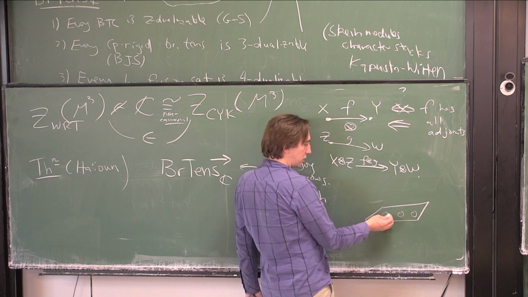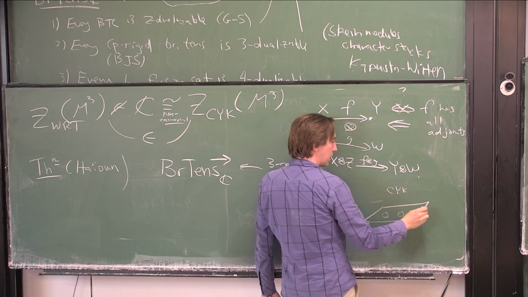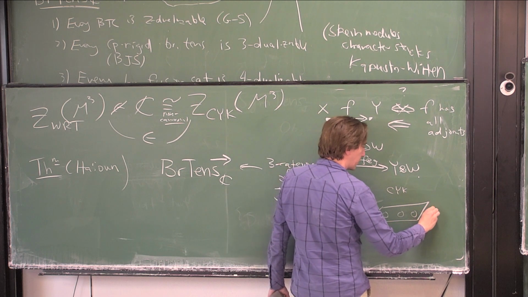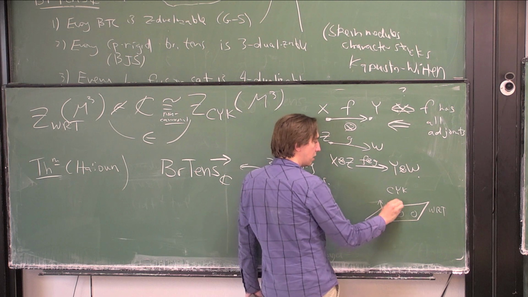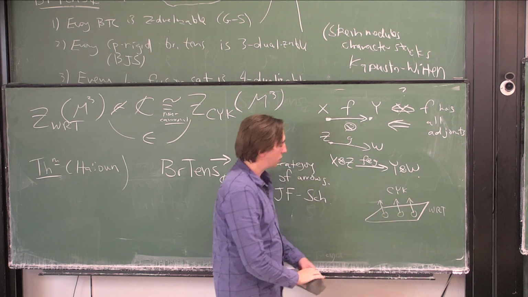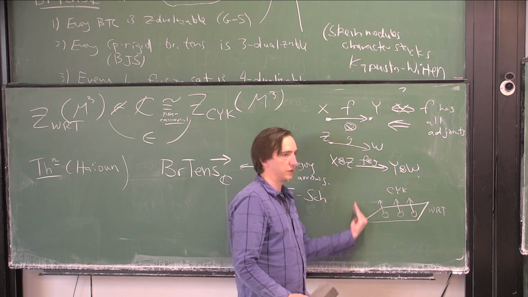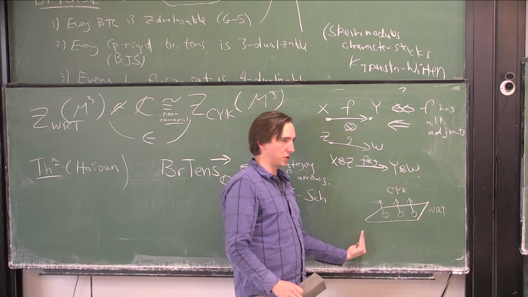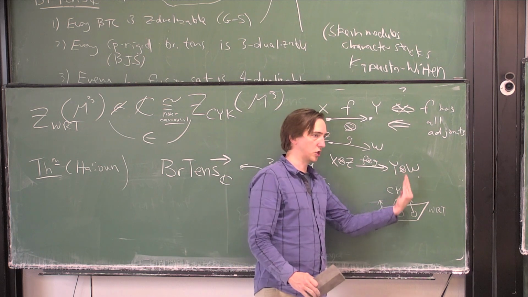you're trying to define something in the bulk. You've got Crane-Yetter here, and you've got Witten-Reshetikhin-Turaev here, and because it's sitting in the bulk, you don't have to ever bend arrows backwards. You don't have to do all the manipulation that you get from the Cobordism hypothesis. Everything is only one direction.